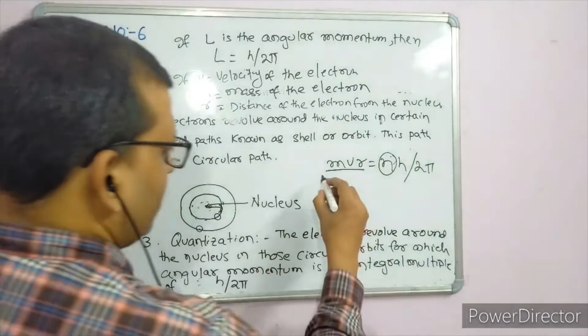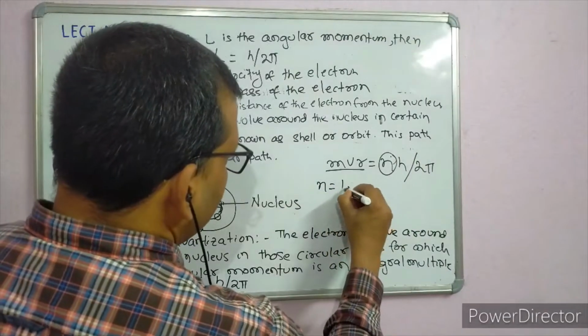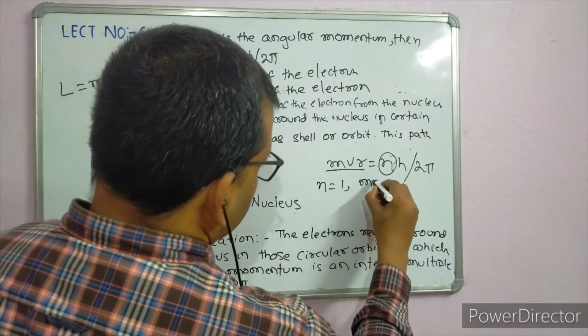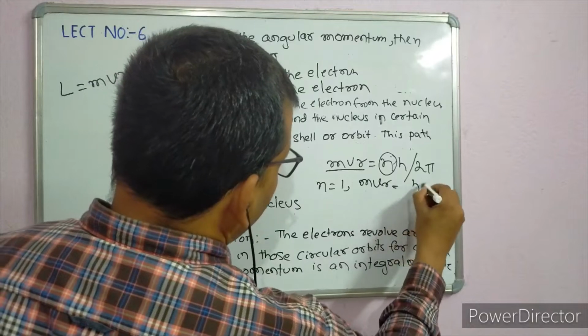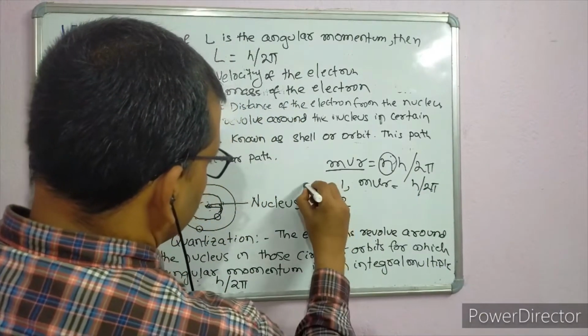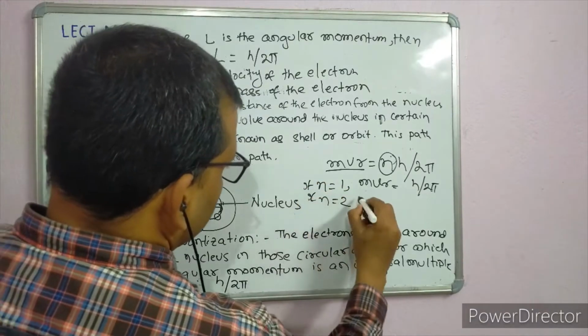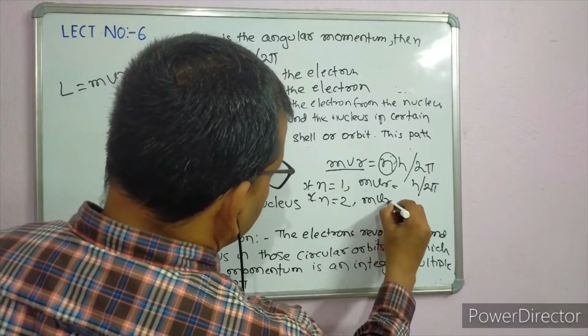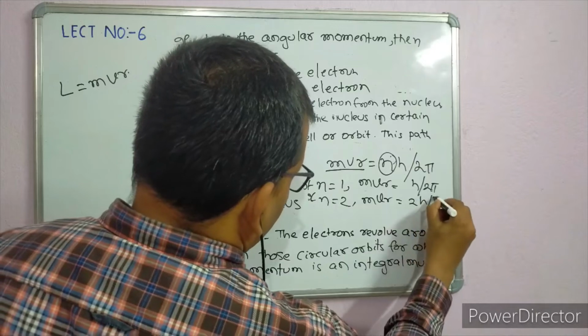That indicates if n is equal to 1, then mvr is equal to h by 2 pi. If n is equal to 2, mvr is equal to 2h by 2 pi.